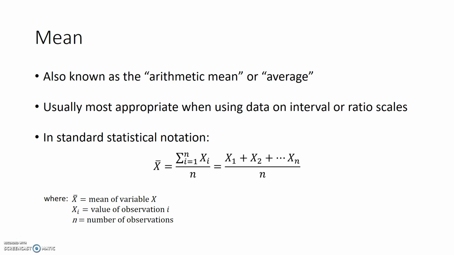We use this when we want the average, and using our sigma notation here, you can see that our x with a bar over it, that means we have some variable x, and the bar over it indicates that that quantity is the mean. That is equal then to sigma from now i equals 1, so we're using i's and we're starting at 1 all the way up to some value n.